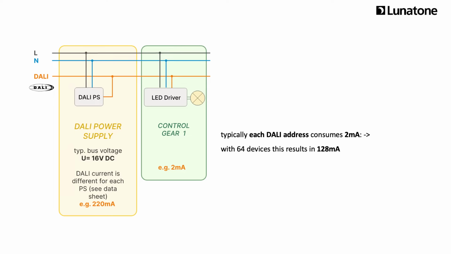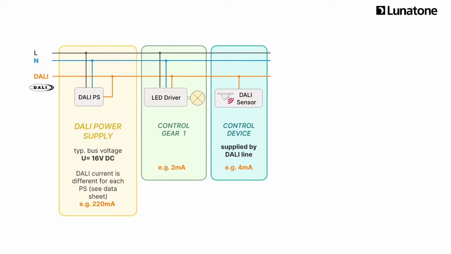Each DALI control gear requires a DALI current of 2 mA for communication. If 64 DALI control gears are connected, a DALI supply of at least 128 mA is required. It is also possible that control gears or control devices are supplied with power only via the DALI bus.